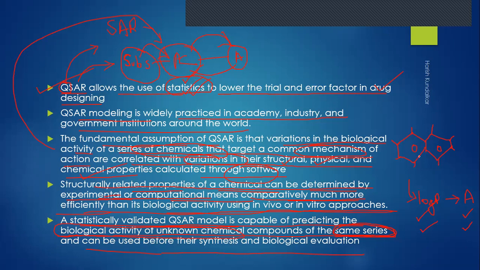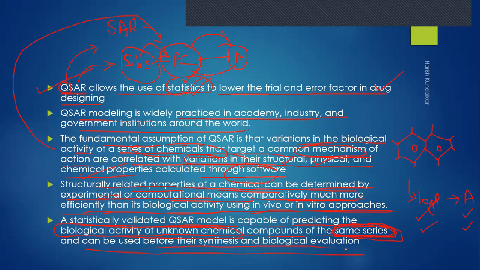Okay, so for that, I'll have to resort to either pharmacophore based drug design or better, docking. Okay, but for QSAR, this is a limitation. We have to do the predictions only within the given series. So for naphthalene based molecules, we'll be able to predict activity only for those molecules, the naphthalene series of molecules. Okay, and this can be done before the synthesis and biological evaluation.